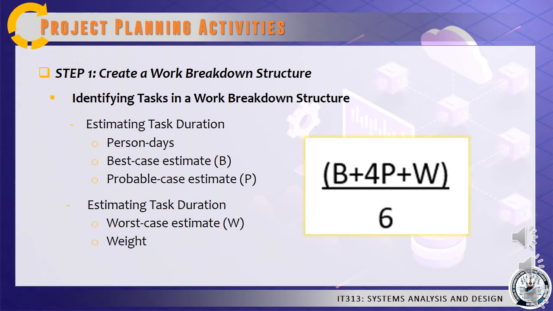Calculated using the formula B plus 4P plus W over 6, we substitute the values, wherein B is equivalent to 20, P is equivalent to 24, and W is equivalent to 34. Then, from that, we have the expected task duration, which is 25 days.